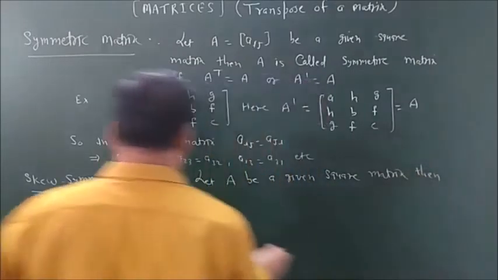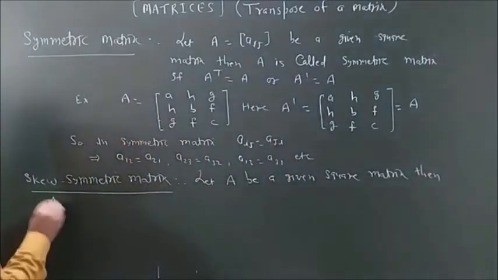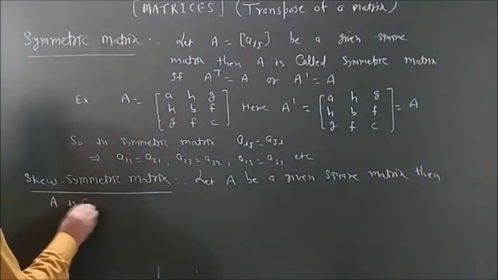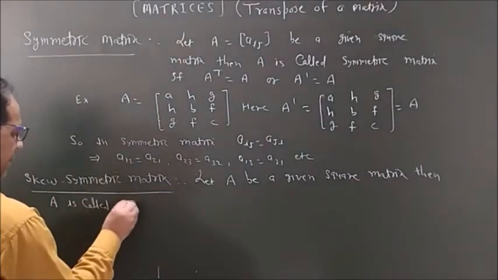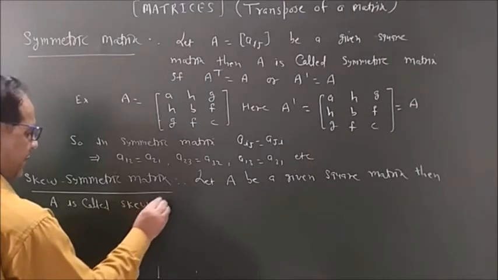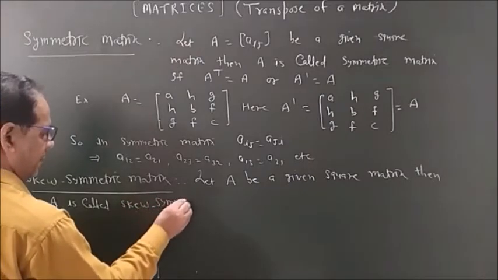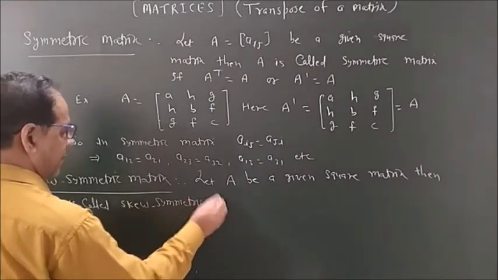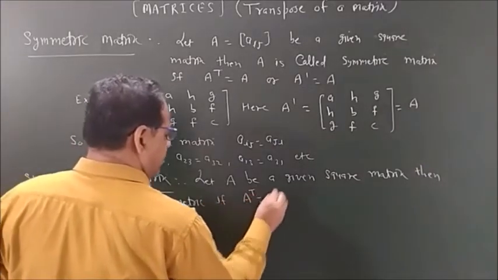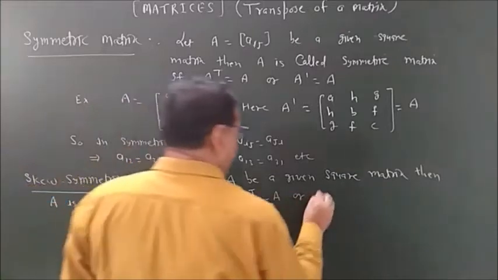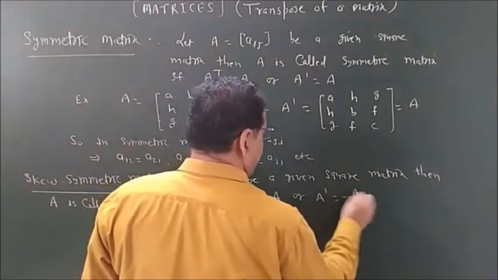Then A is called skew symmetric if A transpose equal to minus A, or A dash equal to minus A.